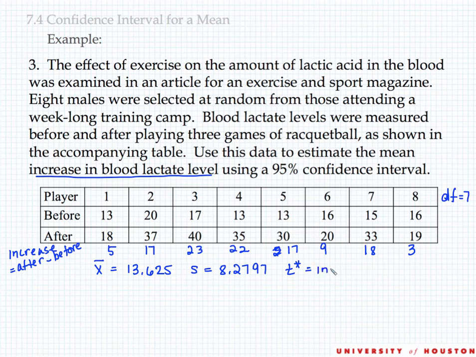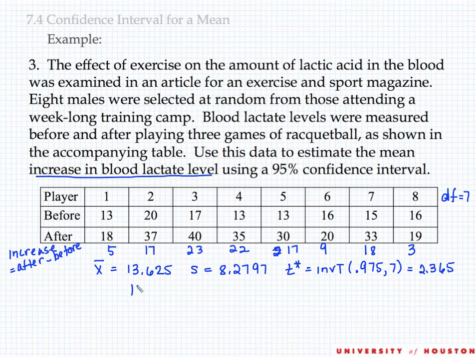So we'll use inverse t or qt. We want a 95%, so this will be 0.975. 95% plus (1 minus 95%) over 2, comma 7. This gives us a value of 2.365.